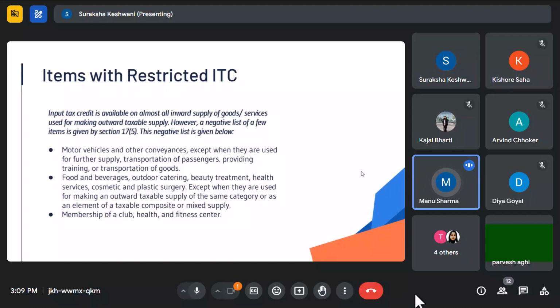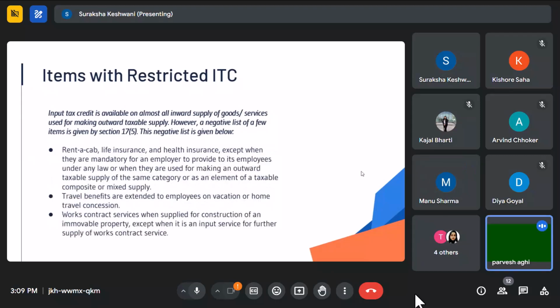Food and beverages, outdoor catering, beauty treatment, health services, cosmetics, and plastic surgery, except when they are used for making an outward taxable supply of the same category or as an element of a taxable composite or mixed supply. ITC is also restricted with membership of a club, health, and fitness center.